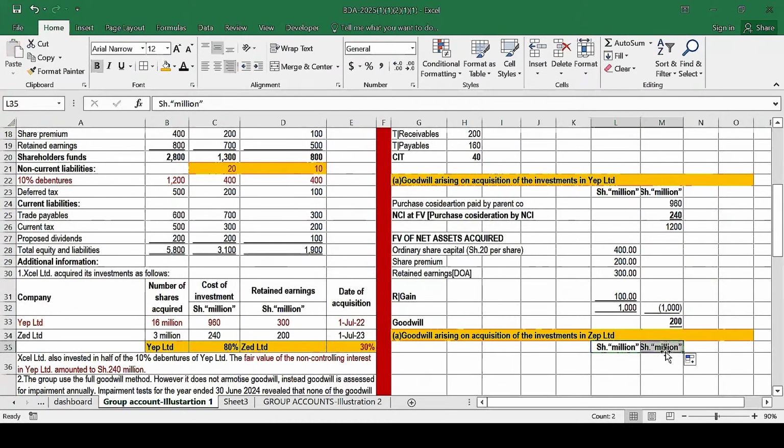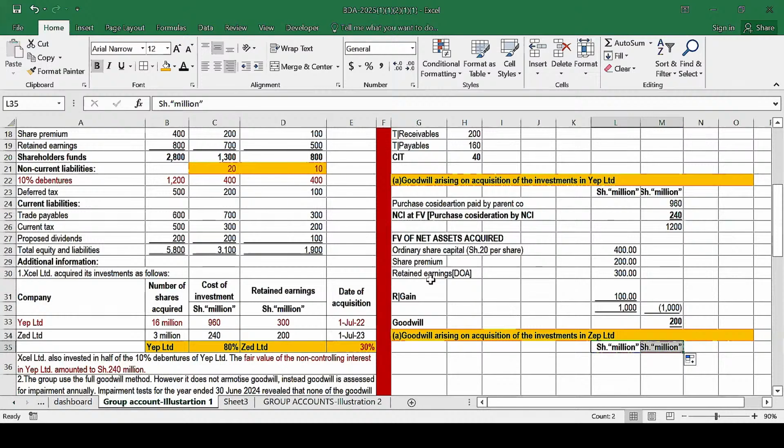Now, when computing the goodwill of an associate, or even a joint venture, we don't use the full goodwill method, because in an associate or a joint venture we don't have NCI. For example, in a joint venture, the parent company has 50% shareholding, and the remaining 50% of the shares are held by another entity.